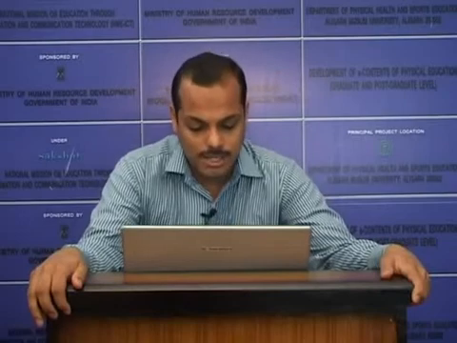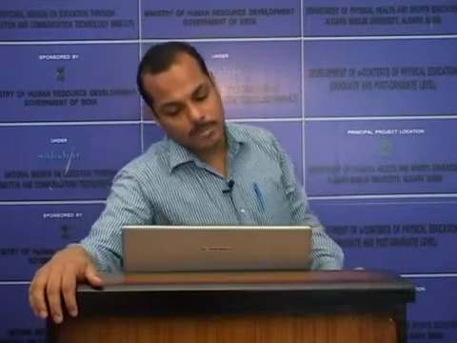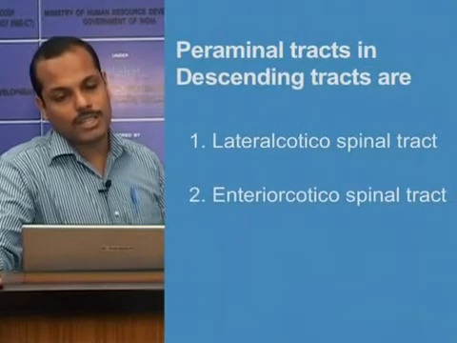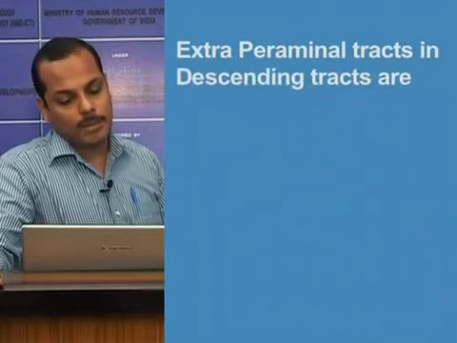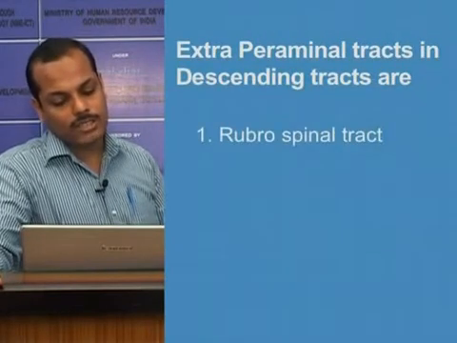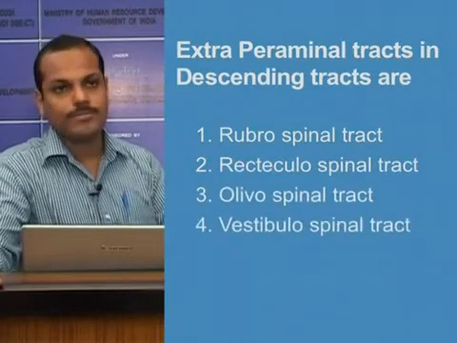Then descending tracts are the motor tracts. These can be divided into pyramidal tracts and extrapyramidal tracts. Pyramidal tracts include the lateral corticospinal and anterior corticospinal tract. Extrapyramidal tracts include the rubrospinal tract, reticulospinal tract, olivospinal tract, and vestibulospinal tract.